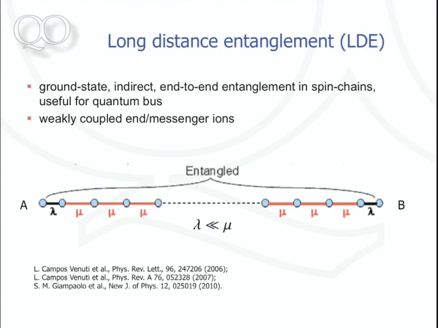I don't know if you came across the notion of the so-called long-distance entanglement. So this is something, you just have a spin chain, and this spin chain has some bulk coupling. So all the spins in the bulk are coupled by some parameter nu, and then you have some weakly coupled spins at the end of the chain.